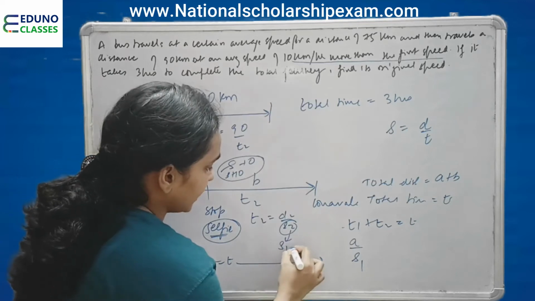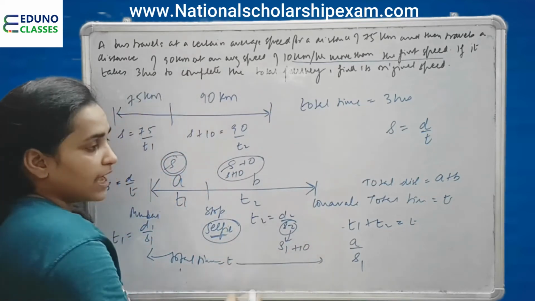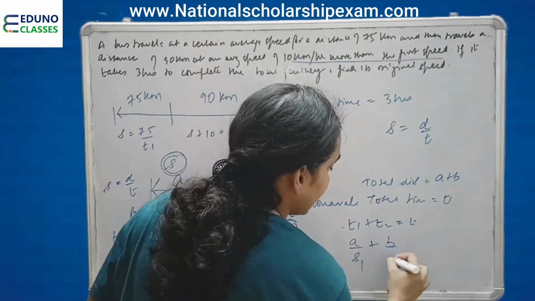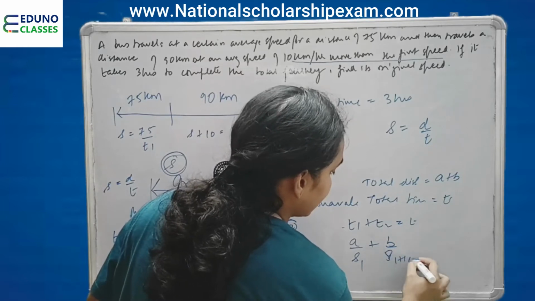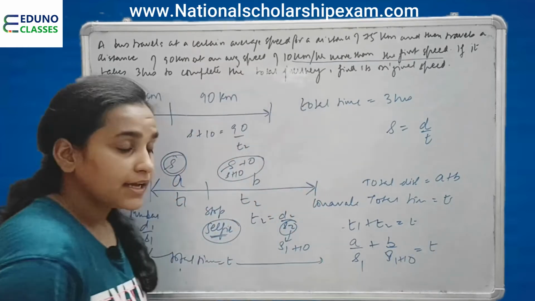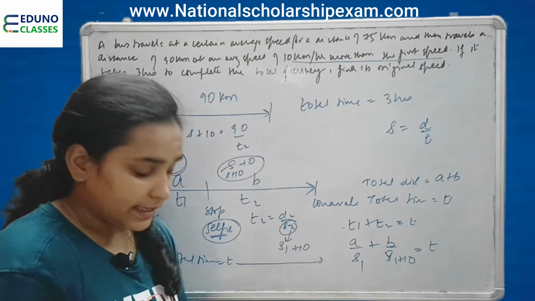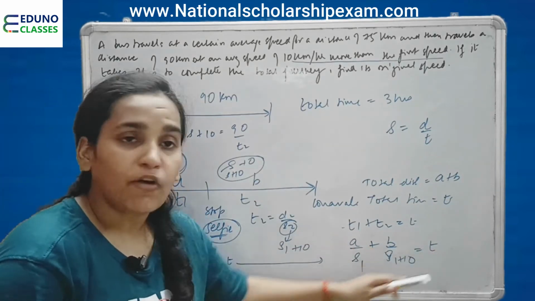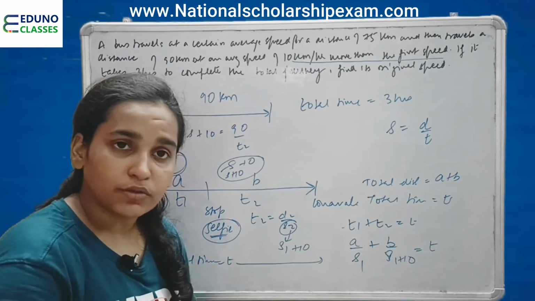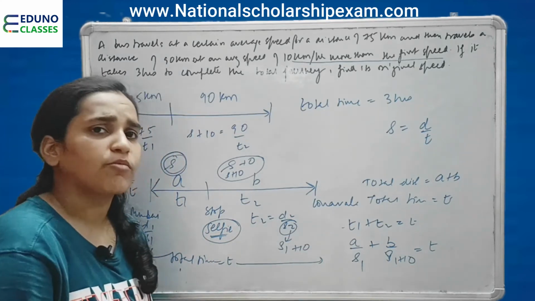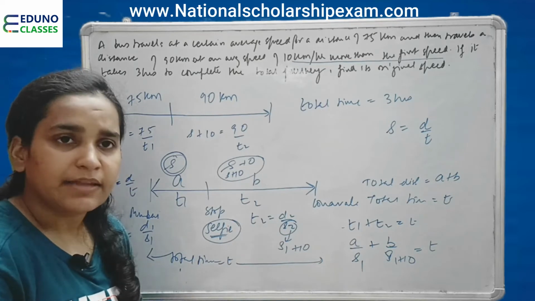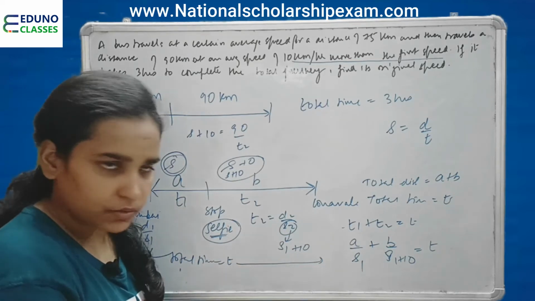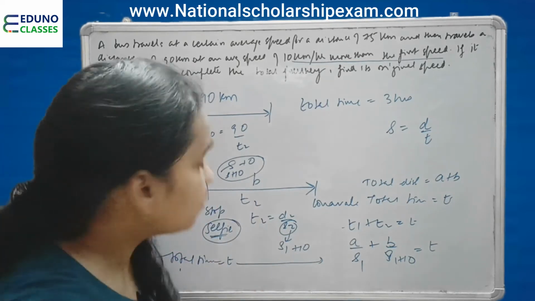From this question it was S1 plus 10. So I will write A upon S1 plus B upon S1 plus 10 is equal to T. Now we are getting this equation and we are given the value of total time taken. This will form a quadratic equation and we will solve it using Shridharacharya formula or by simply using the middle term splitting rule. Okay.